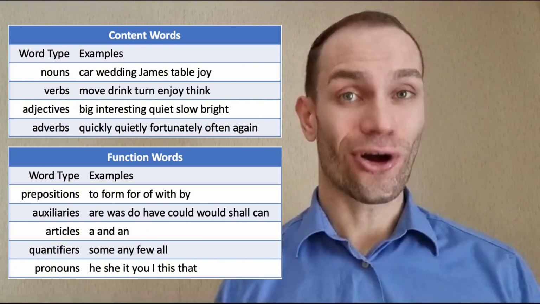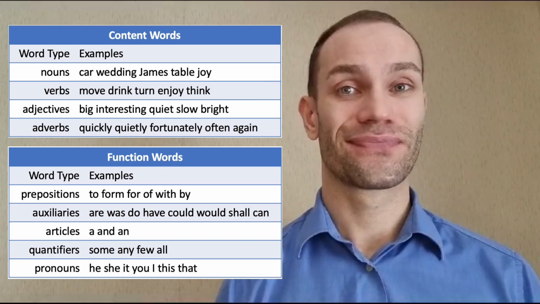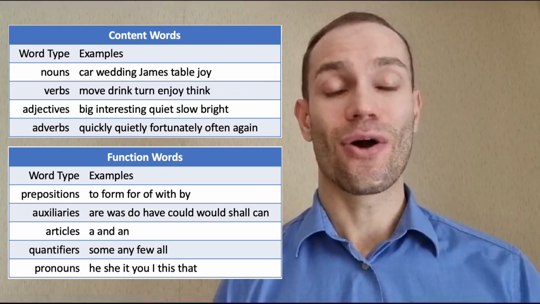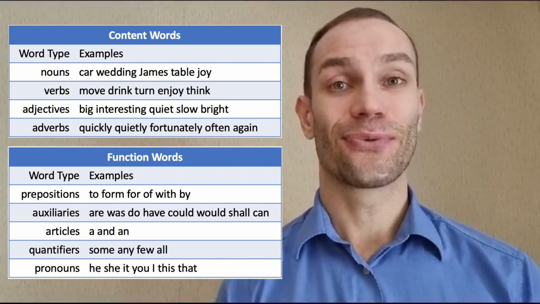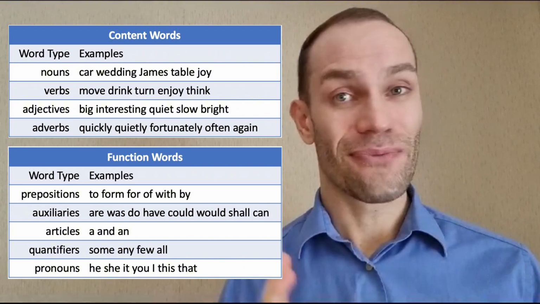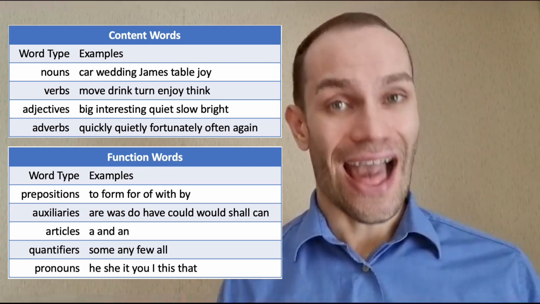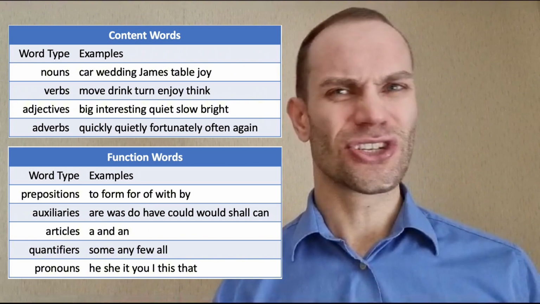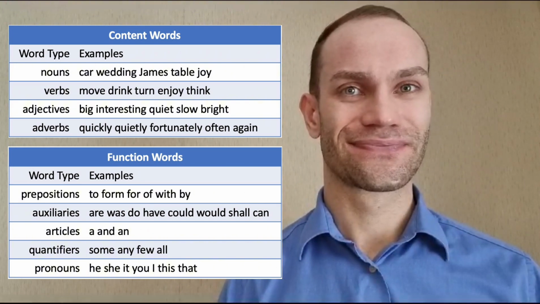One type is the content words, so these are the ones that we get meaning from, and the other type are what we call function words, and these are the words that we get the grammar from. So most of the meaning will only come from the content words, and the others will just add to the grammar a little bit to help us with that.